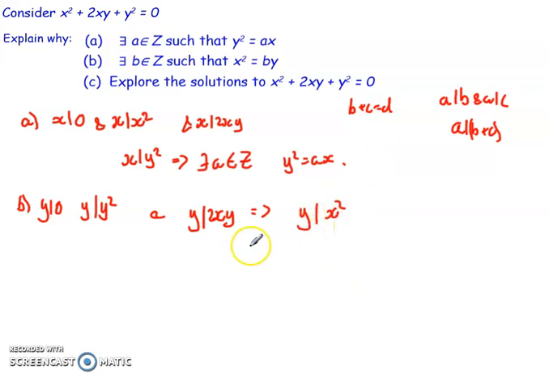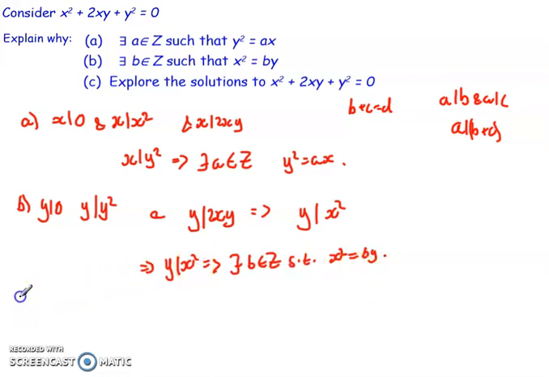Because y is divisible by x squared, that implies there exists some b belonging to this set of integers Z such that x squared equals by.